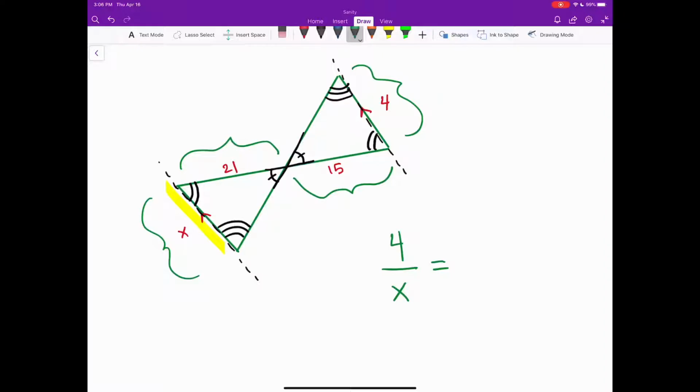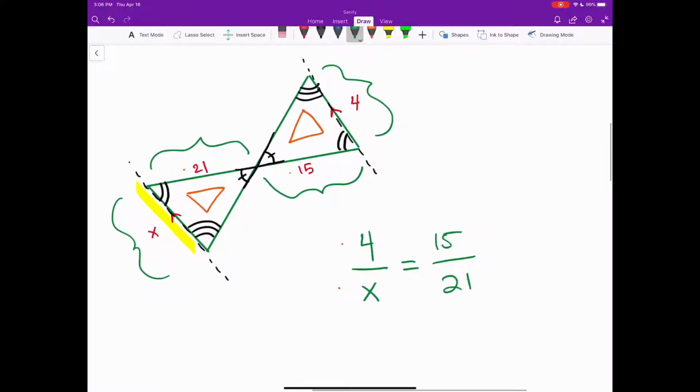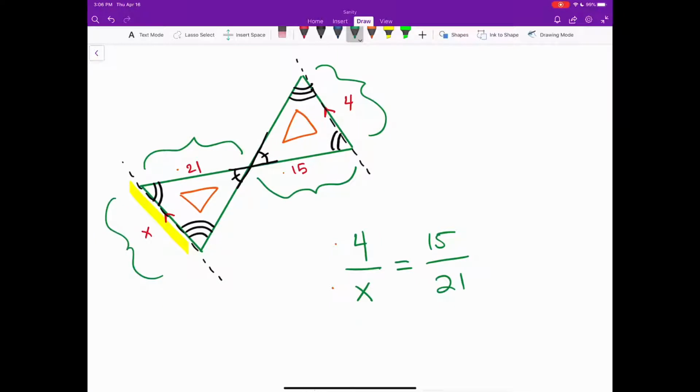Notice how I'm going from this triangle to this triangle. So I'm saying 4 over X, and then 15 over 21. Again, if we have similar triangles, that means that these proportions have to be the same. That's why I can set this ratio of 4 to X equal to 15 to 21.